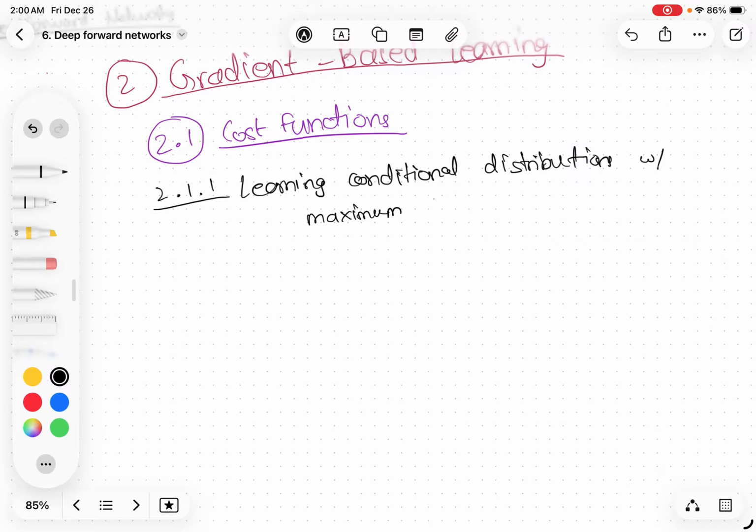Maximum maximus decimus meridius. Oh, that's the gladiator guy, Russell Crowe. So with the maximum log likelihood, basically, let's see what this section says.